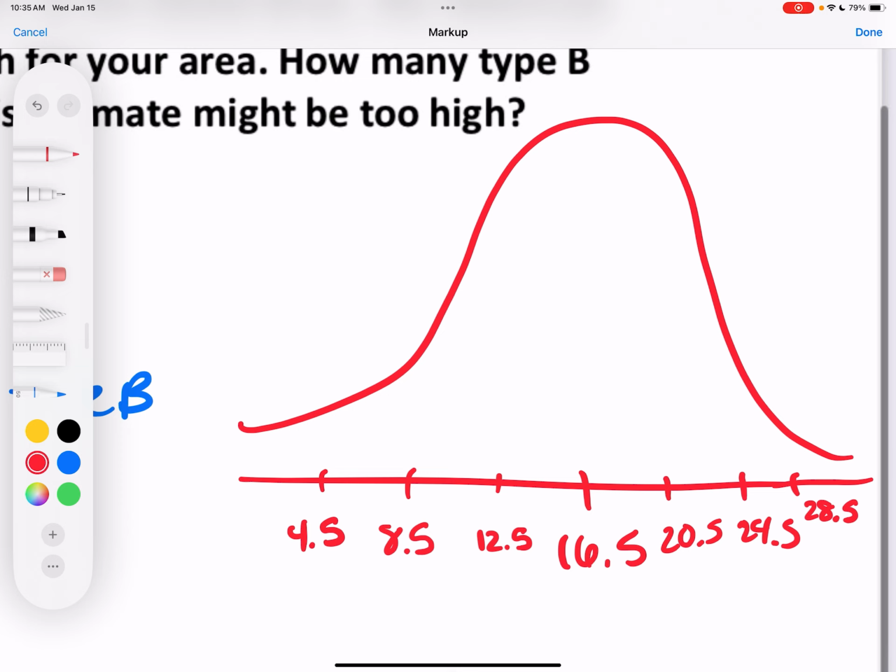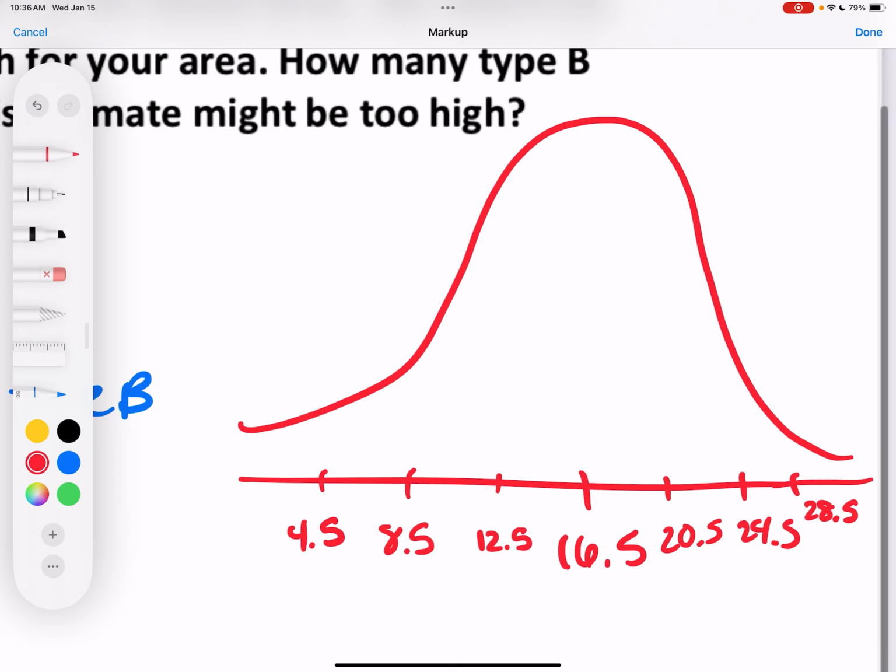So we consider unusual anything more than 2 standard deviations away, but again, we obviously want whole numbers. We can't have half a person. If we say that the estimate is too high, then that would mean that we need a lower number. So at 2 standard deviations, it's 8.5.